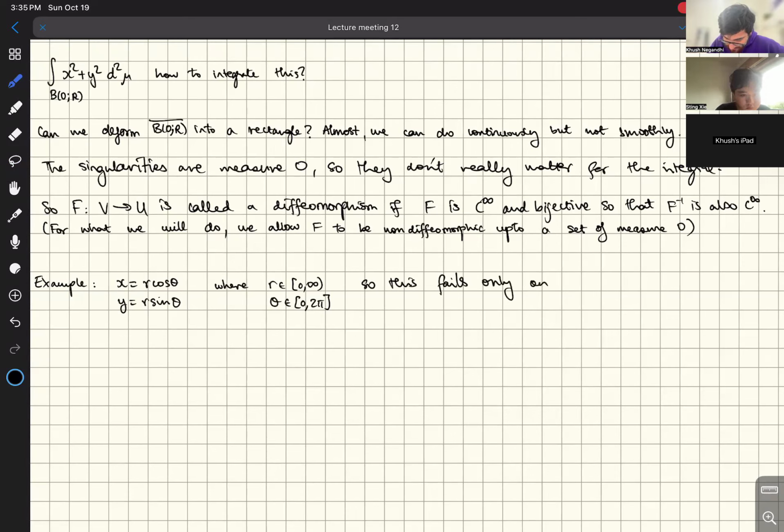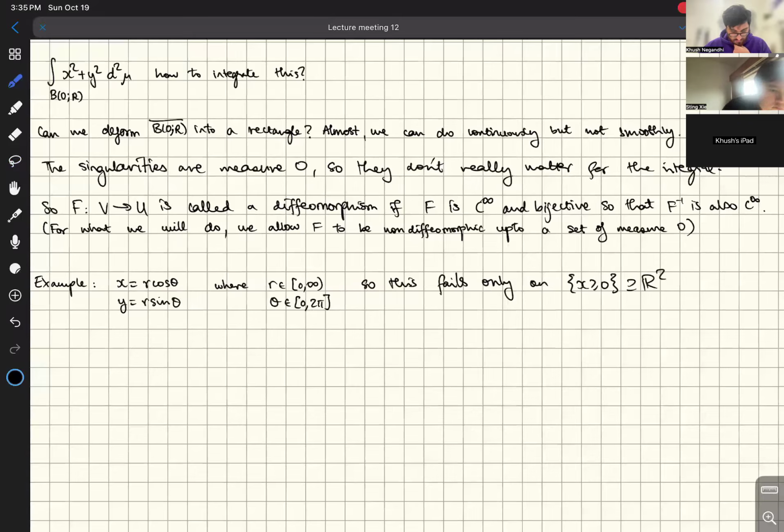So it only fails on this line. But a line is measure 0 in a plane, right? A line has no measure. So we allow these things, because otherwise it would be extremely inconvenient to try to find proper diffeomorphisms.